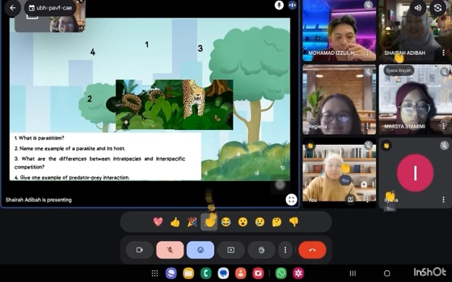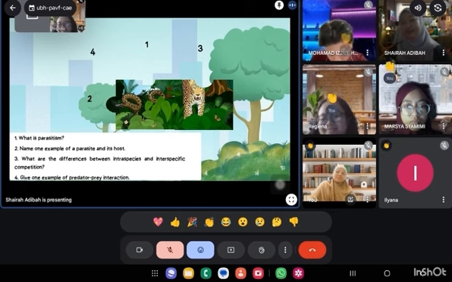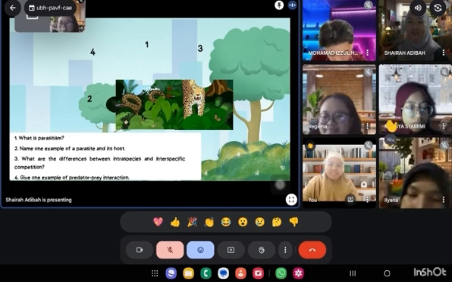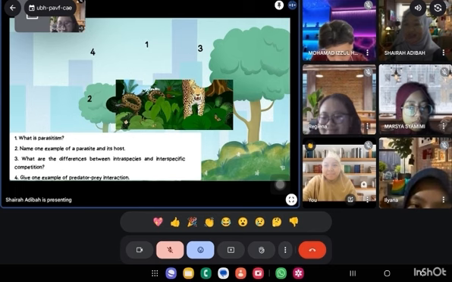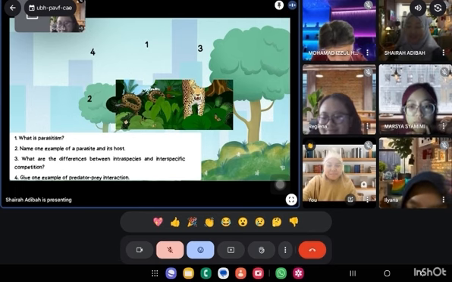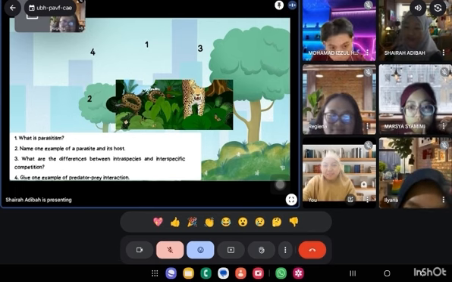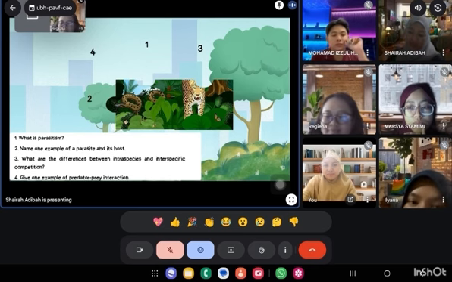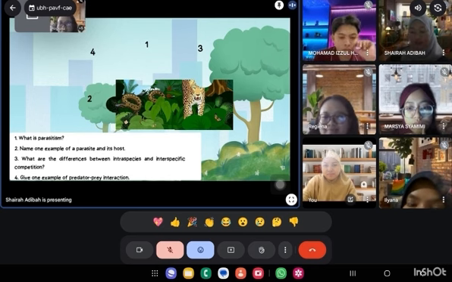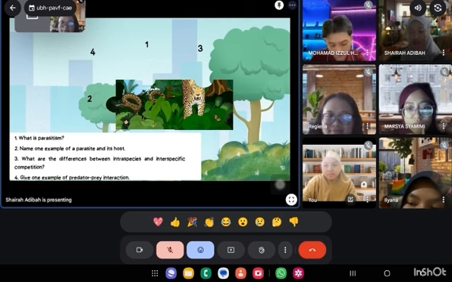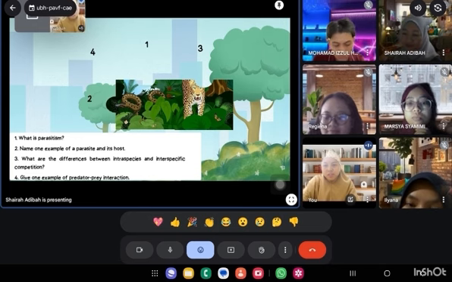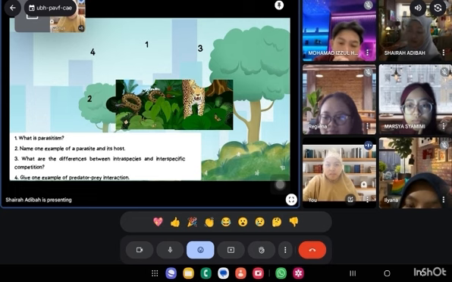So good job, Regina. Okay, since Nabiha couldn't answer my question just now, I want to give her this question. What are the differences between intraspecific and interspecific competition? Okay, for the intraspecific, the competition occurs in the same species to compete for mates, nutrients, and so on.